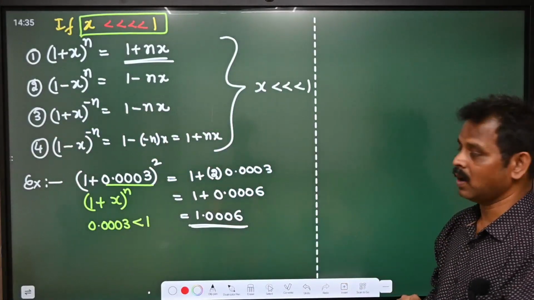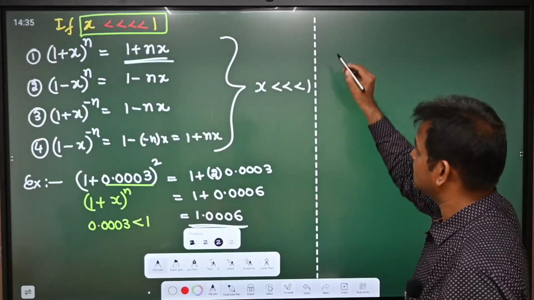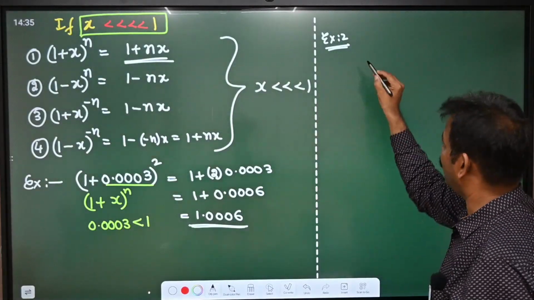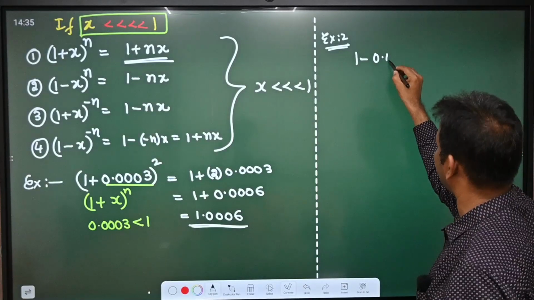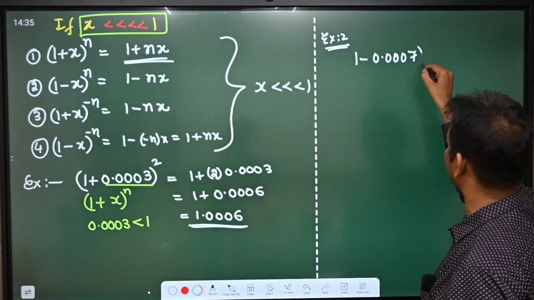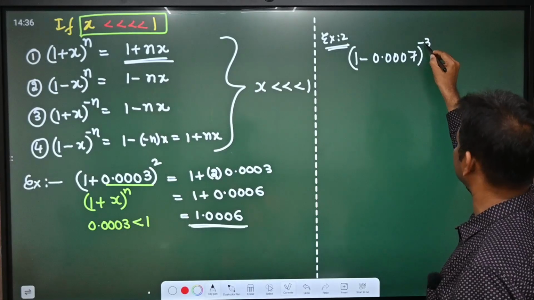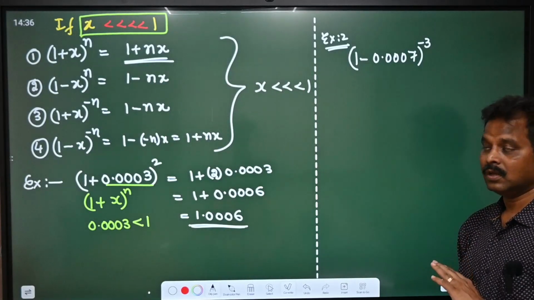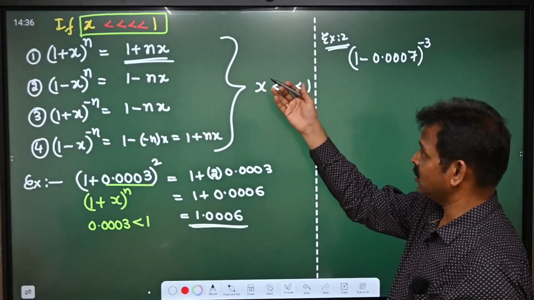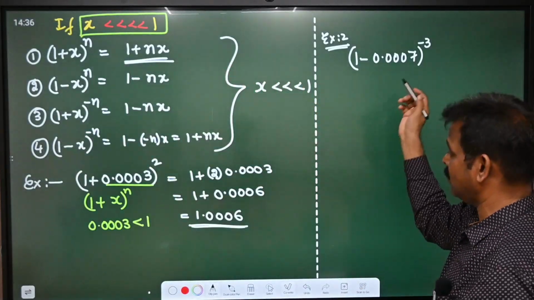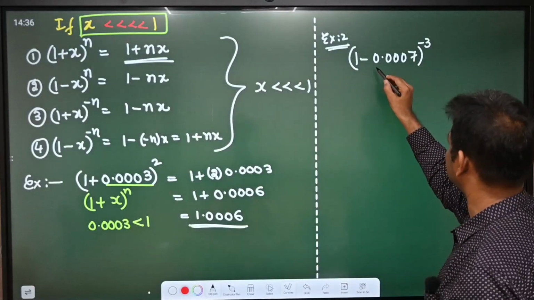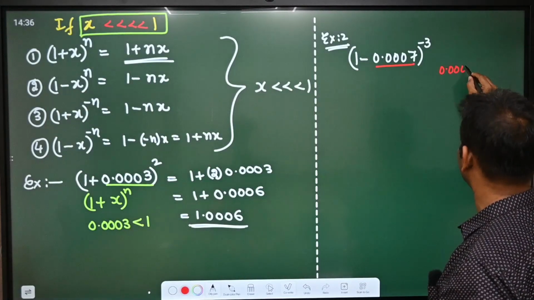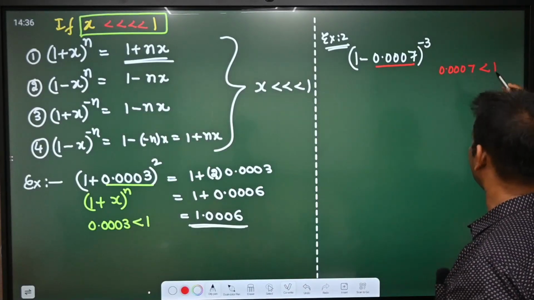Now one more problem we are writing. Second problem, example 2: (1 - 0.0007)^-3. First of all, to find this, we need to check whether x is much smaller than 1 or not. And by observation, you can see this is much less than 1. 0.0007 is much smaller than 1.